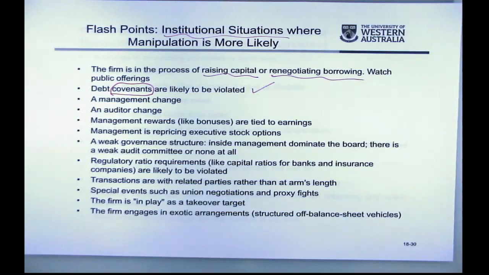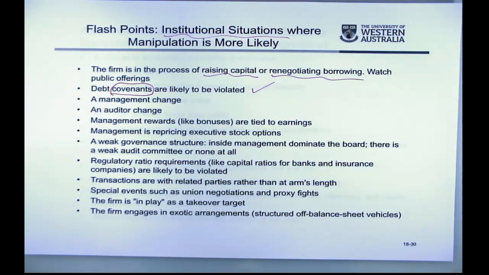The bank may require the firm, for example, to keep the leverage ratio below a certain level. The bank may require the firm to keep the dividend payout ratio below a certain level. For example, the firm cannot pay more than 40% of earnings. Okay? They want to make sure that the firm will not default.